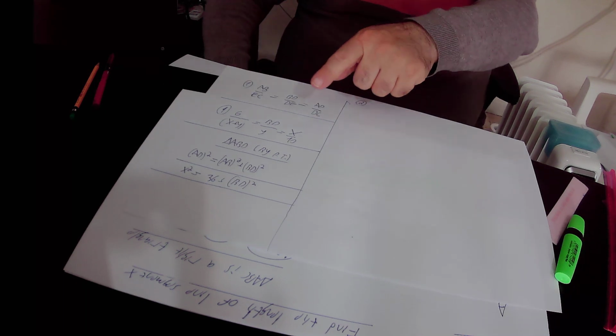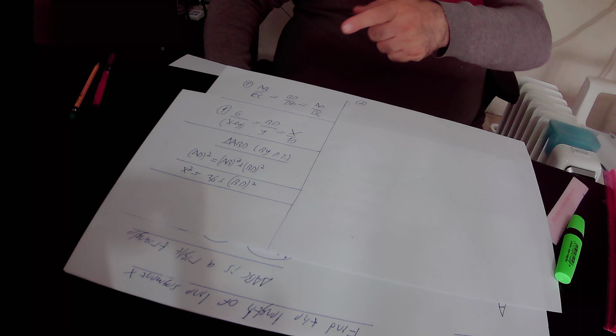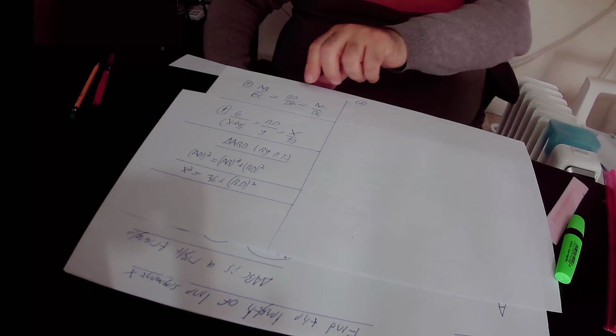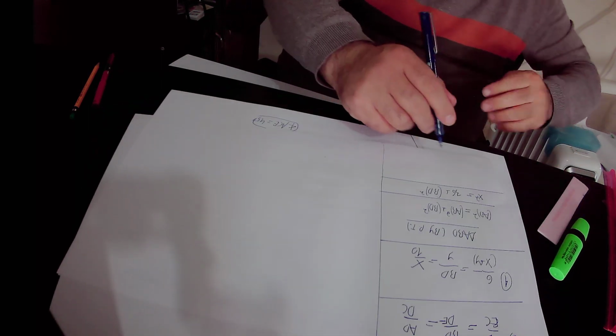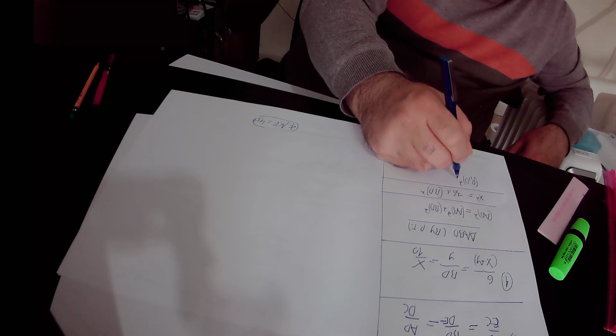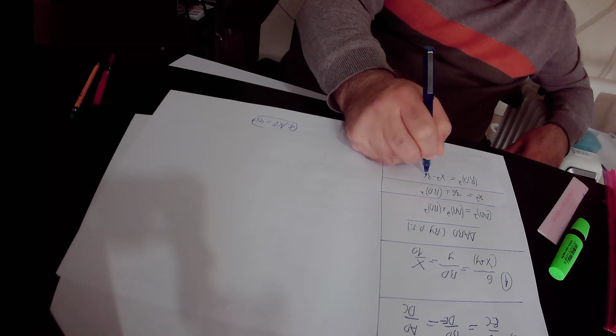So we found that x squared equals 36 plus BD squared. We will subtract 36 from this equation, and we get that BD squared equals x squared minus 36.